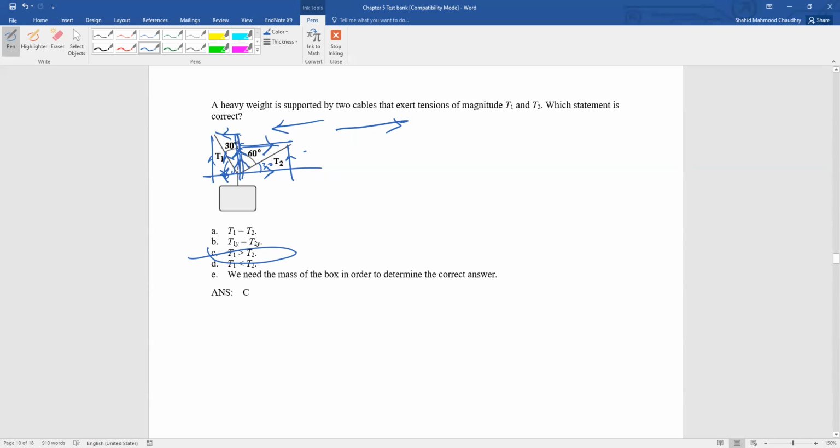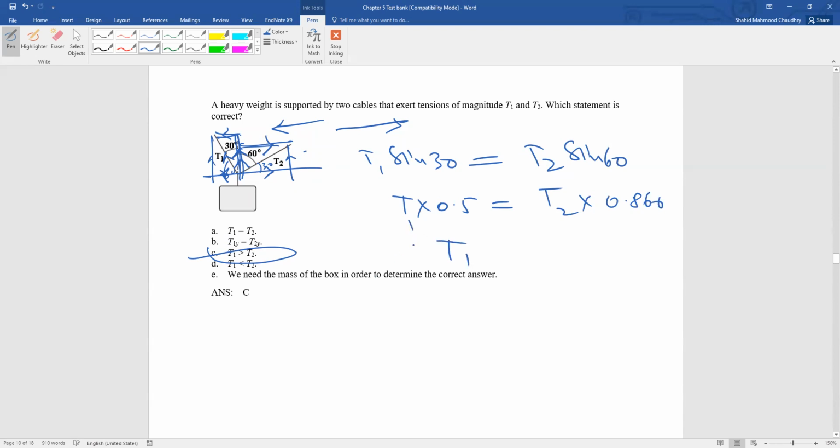Okay. So from here, it is T1 sine of 30, this one. And this is equal to T2 sine of 60. So sine 30 is what? 0.5. And T2 sine 60 is what? 0.866.